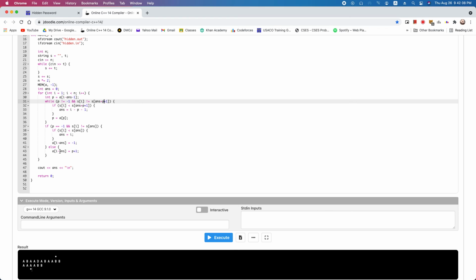So in that case, we will set this longest prefix to p plus 1 because the previous ones already matched, since this current string is equal to that string inside our answer string. So next time we'll be able to skip those p letters and compare the p plus 1 letter.